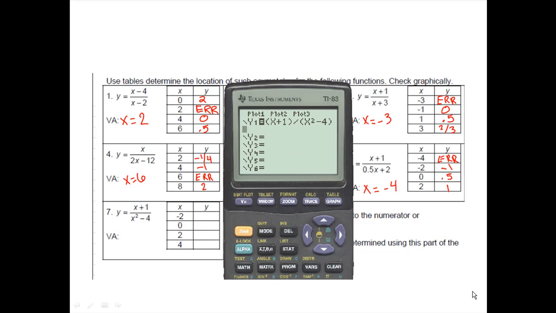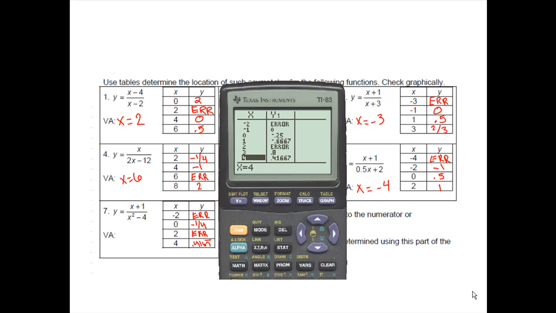Now we would do number 7. X plus 1 divided by X squared minus 4. Now, we should see that the difference between this problem and the other ones is that the power of x in the denominator is 2. Now let's see what this is going to do to the actual table of values in the graph.